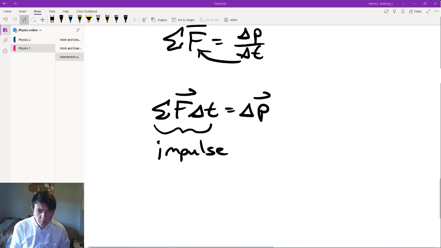Impulse usually has the symbol I. It's a vector.